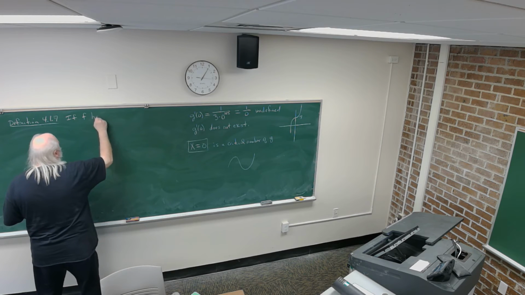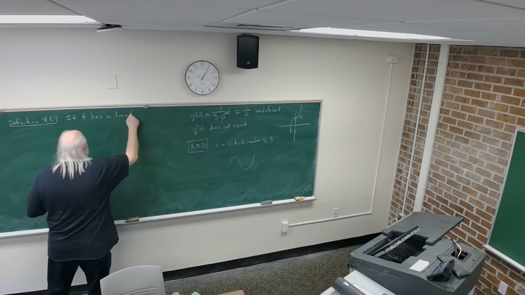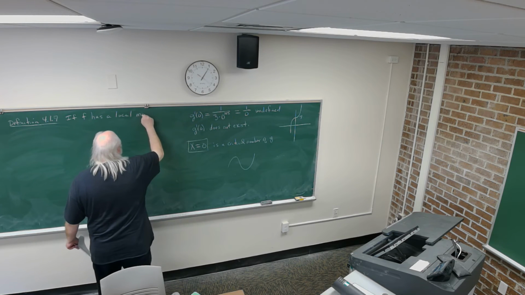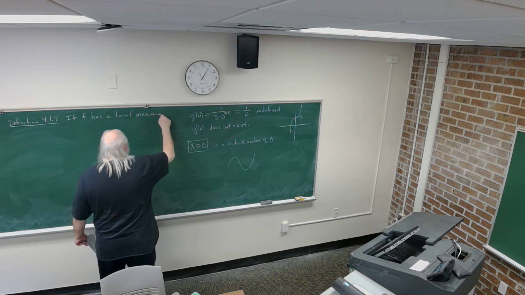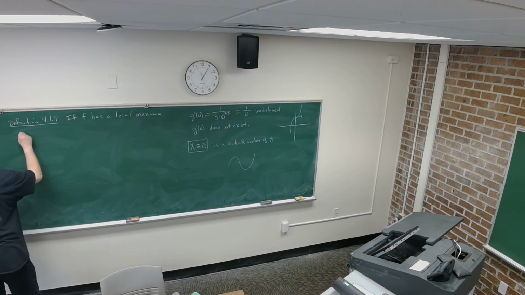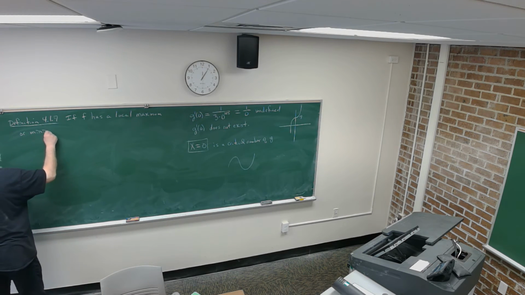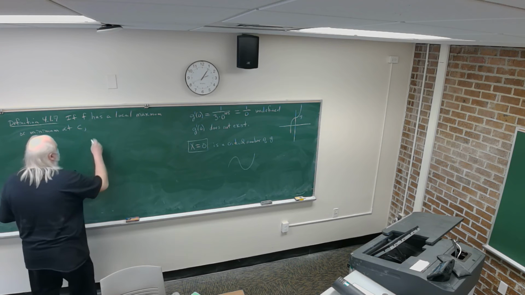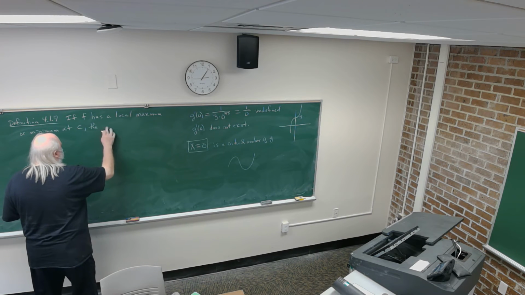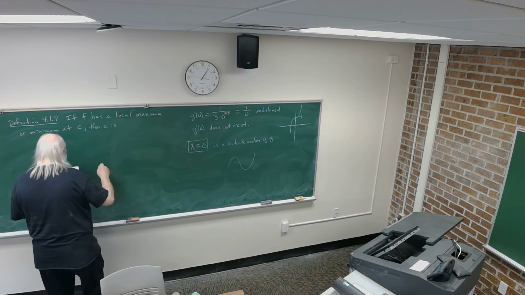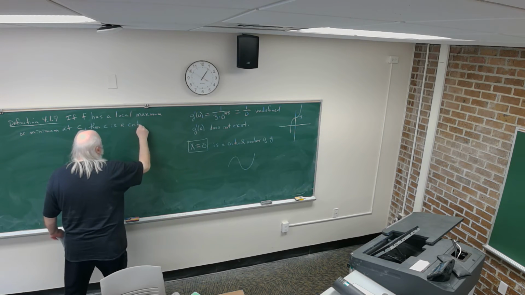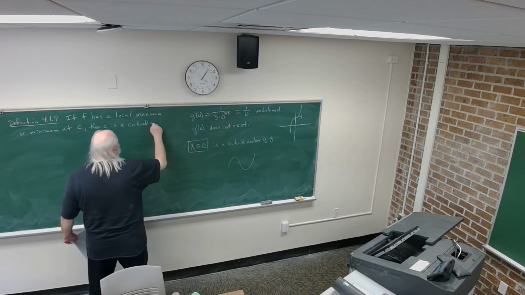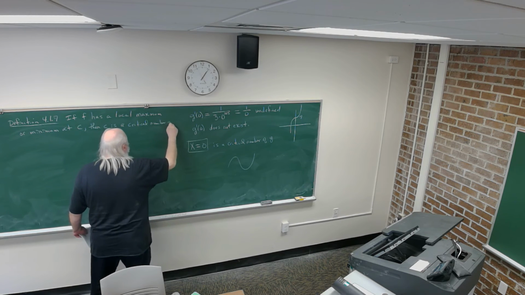If f has a local maximum or minimum at x equals c, then c is a critical number of f.